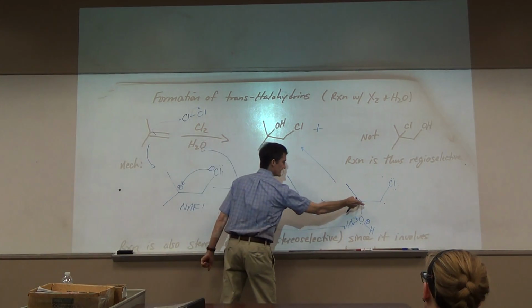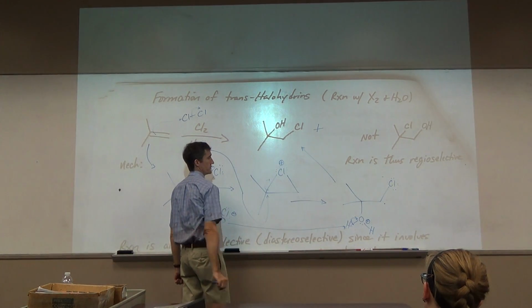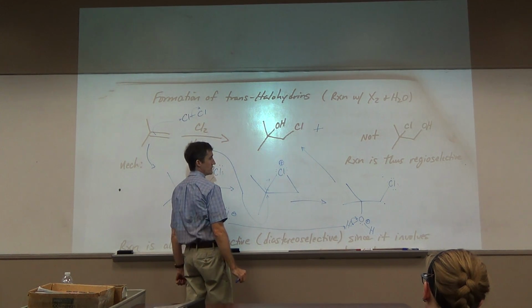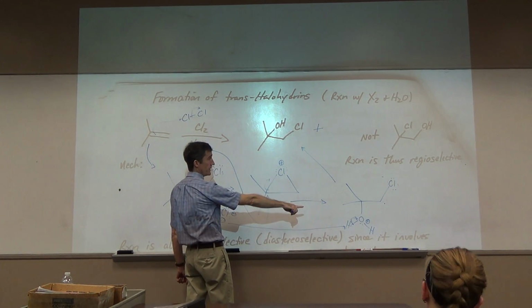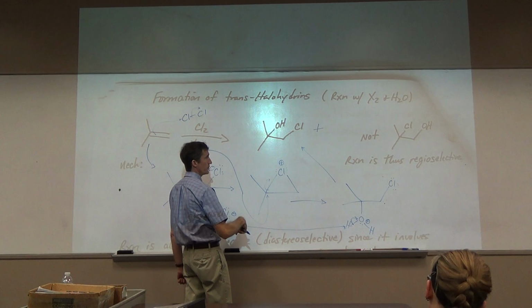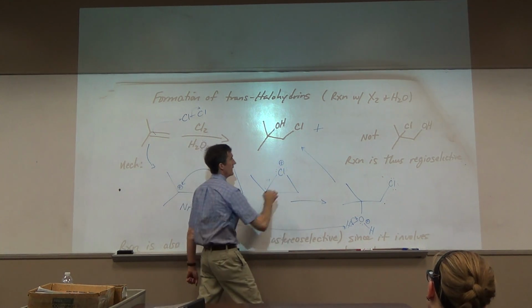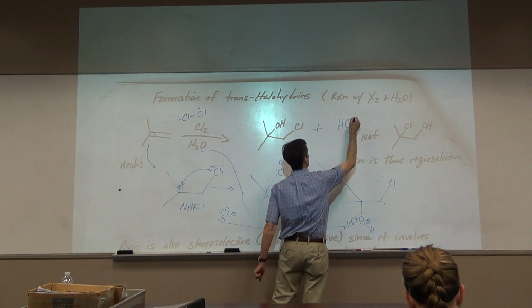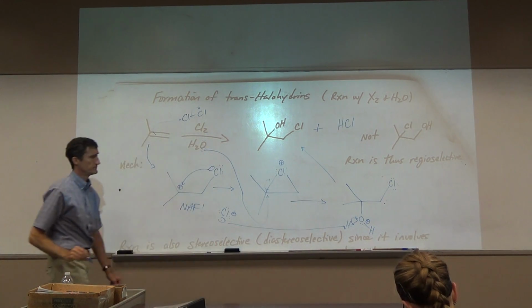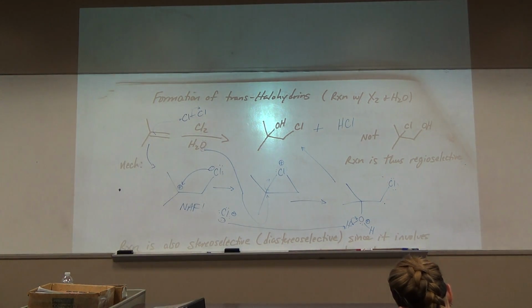We've got an OH connected to this carbon, right? There it is. I guess final product, right? But what else did we form here? HCl, yes. You see how your mechanism tells you if you formed HCl?